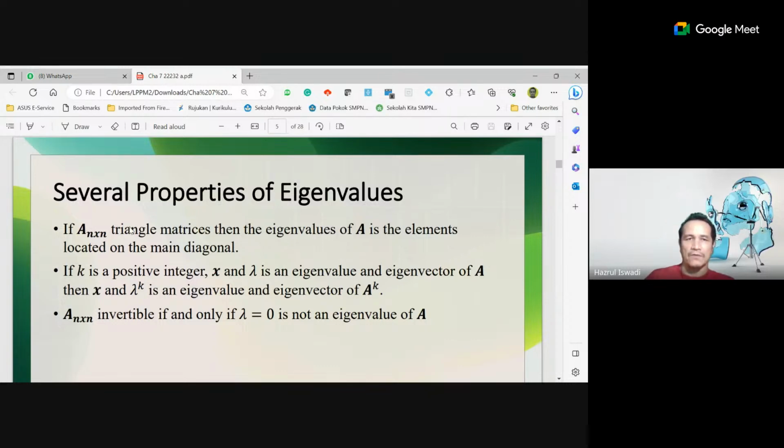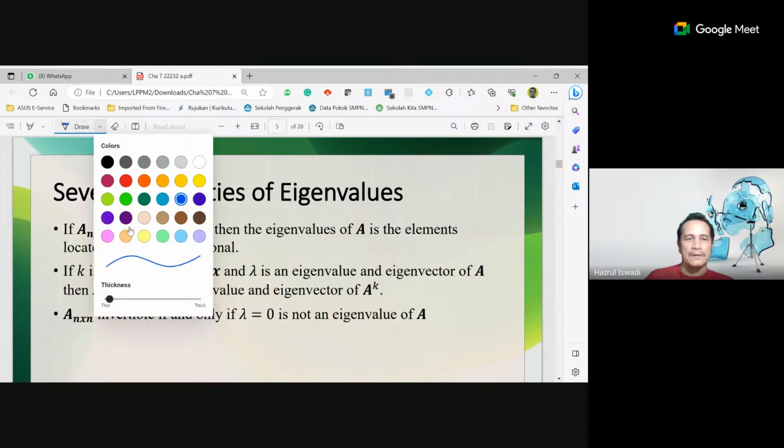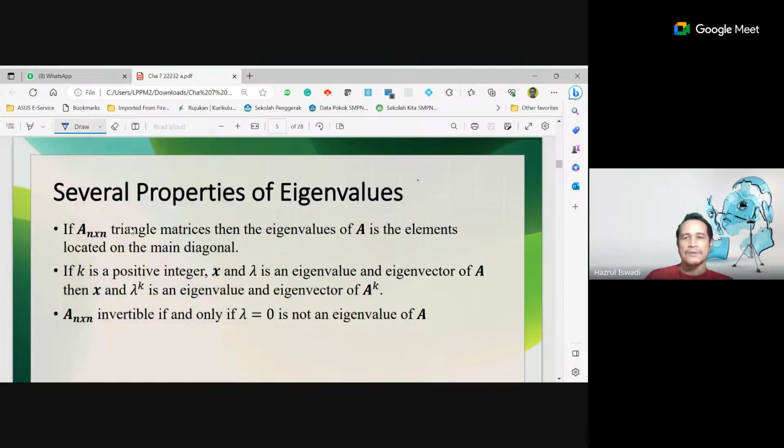So for example, this one, I will pick up the tip of my pen. This can be maybe 1, 2, 3, minus 1, 1, 0, 0, 0, minus 4. We call it an upper triangular matrix.